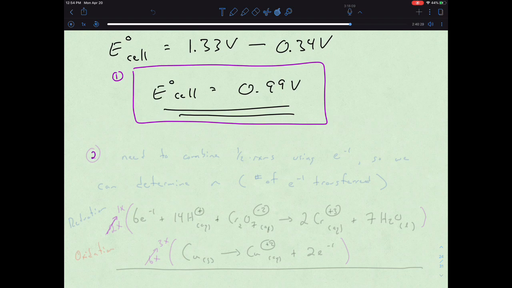So now with step 2, we need to combine half reactions using electrons so we can determine N, or the number of electrons transferred.